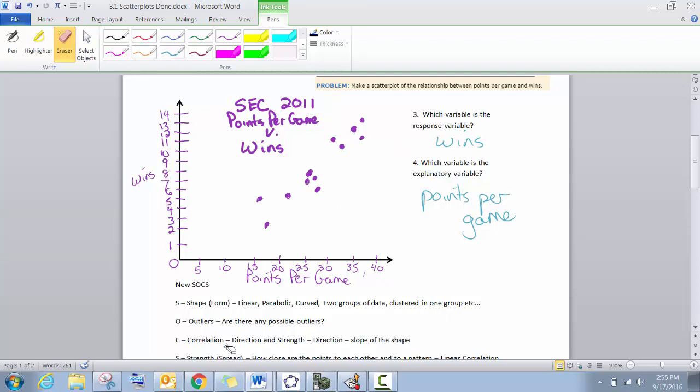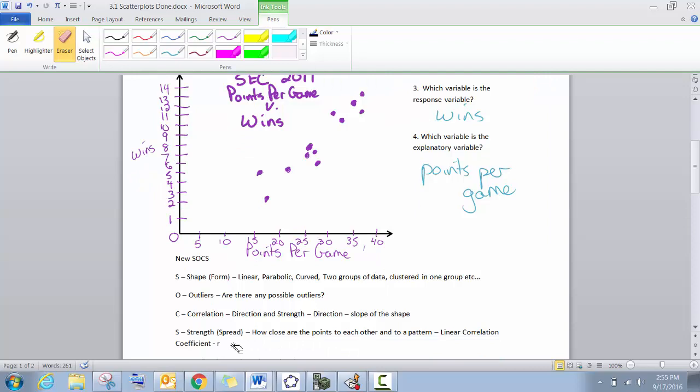Correlation. So instead of center, we have correlation, which actually tells us direction and strength. And we'll get more into correlation in a little bit. But direction is the slope. Well, the slope is positive because it's going up. We don't have to get any more specific than that. Strength, or the spread, how close are the points to each other and to a pattern?